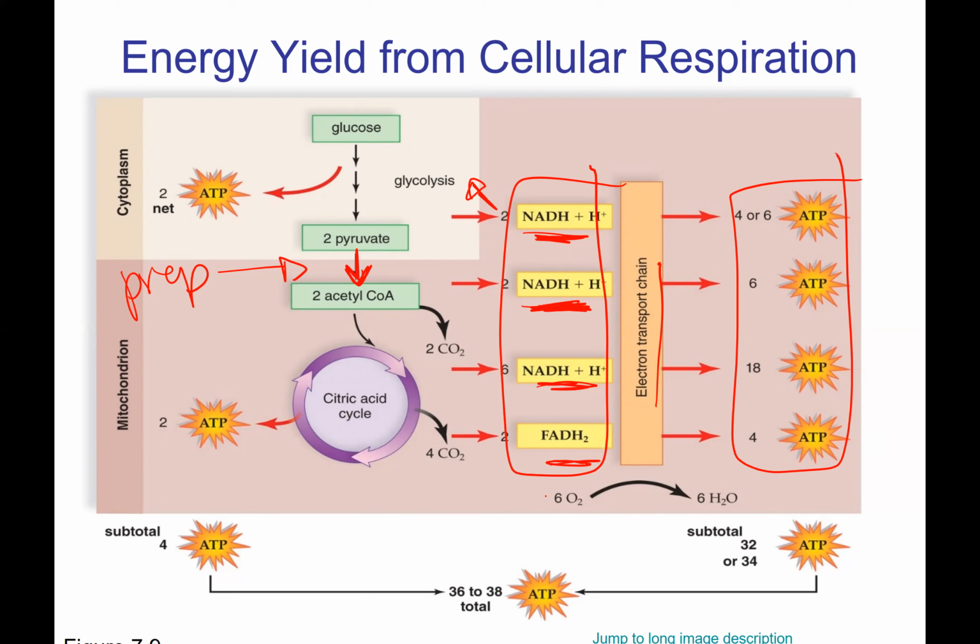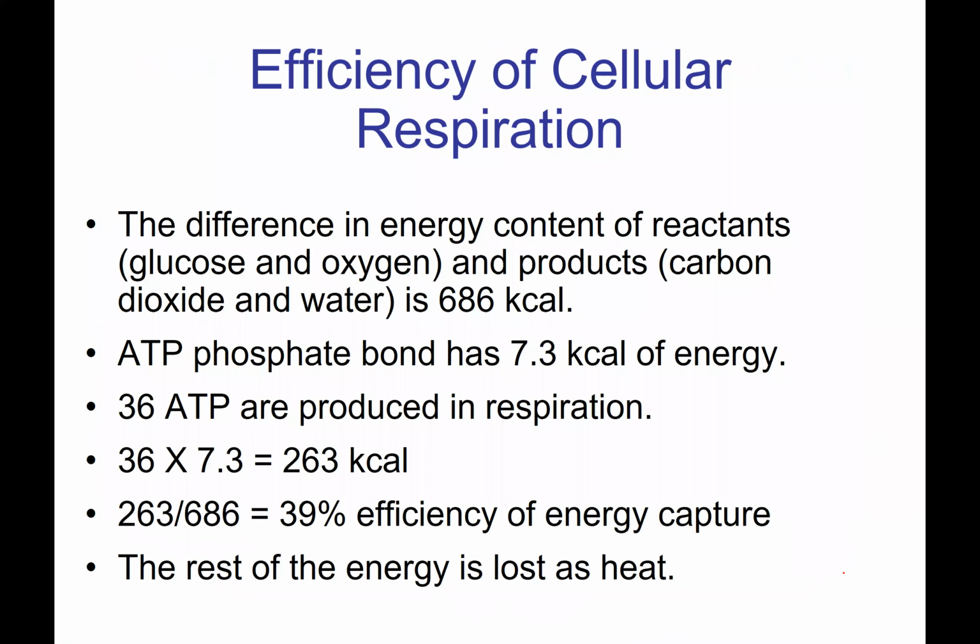And then finally, we have oxygen. That's the final place for those electrons, and it is going to create water. And overall, we are going to have 36 to 38 ATP. So this is the energy yield from cell respiration, energy being ATP.